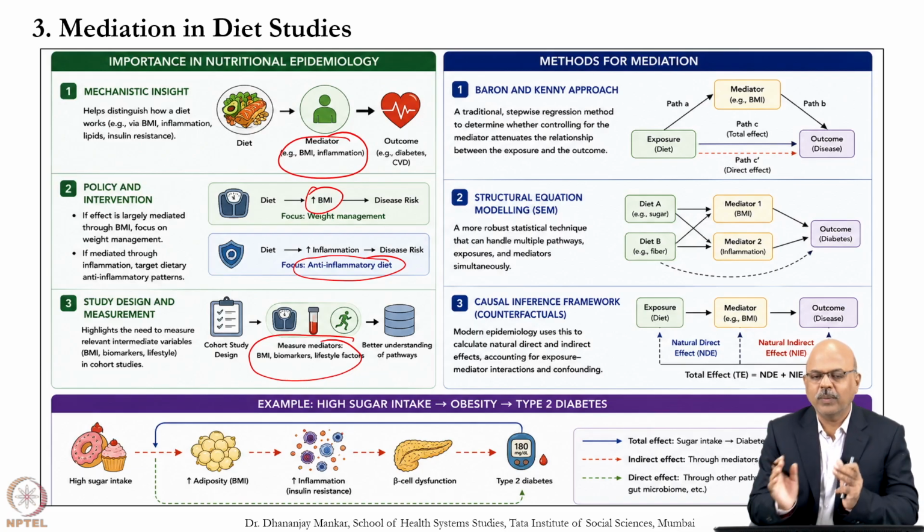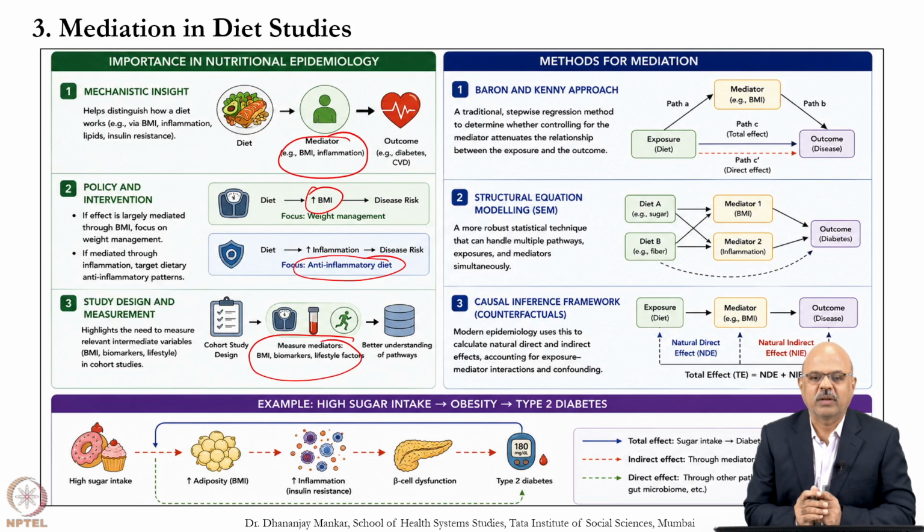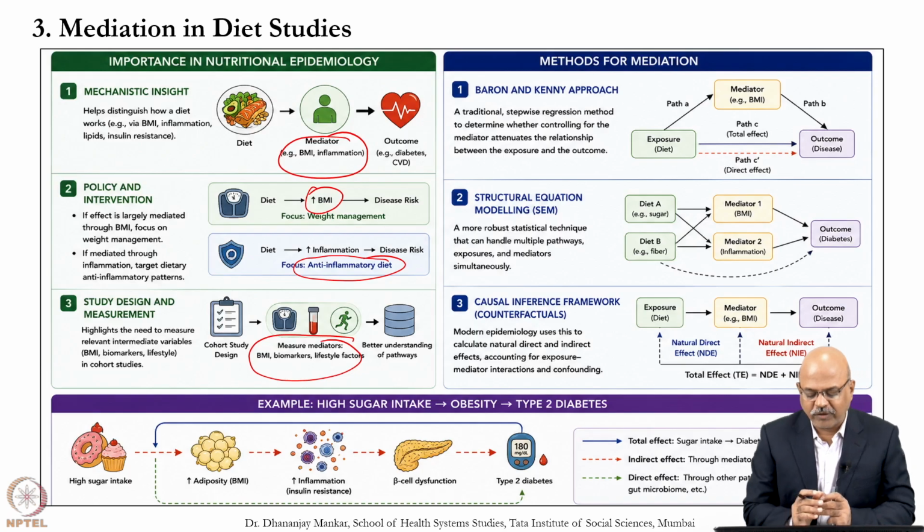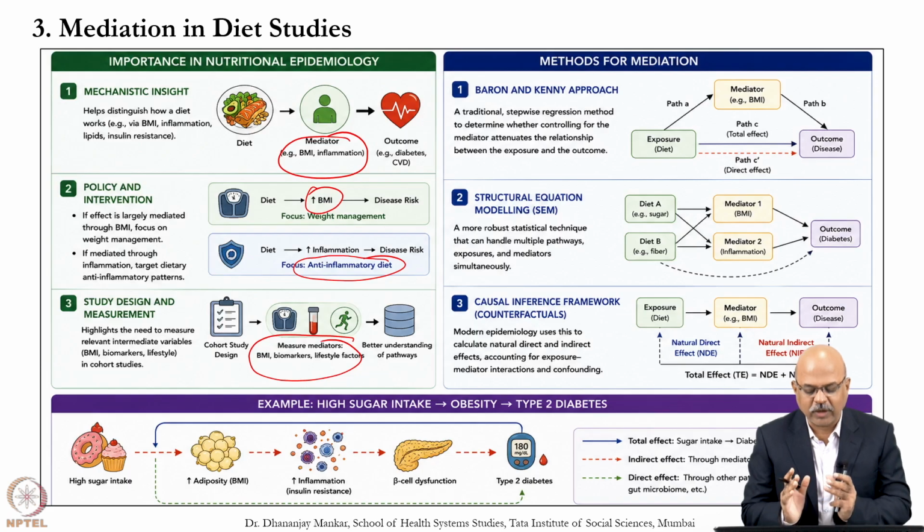Okay. Now I will put before you the methods for mediation: the Baron and Kenny approach, structural equation modeling, and the causal inference framework. It is very evident here that the Baron and Kenny approach is a very traditional stepwise regression method to determine whether controlling for the mediator attenuates the relationship between exposure and outcome.